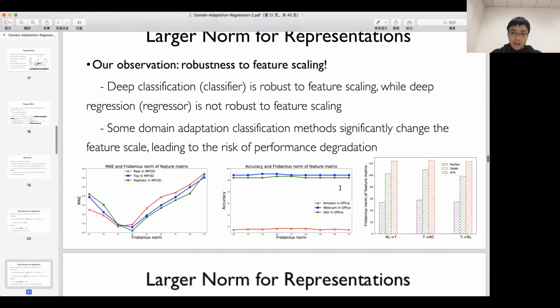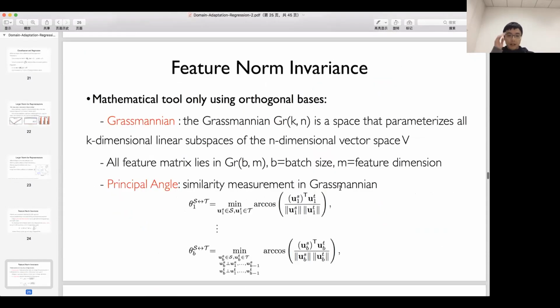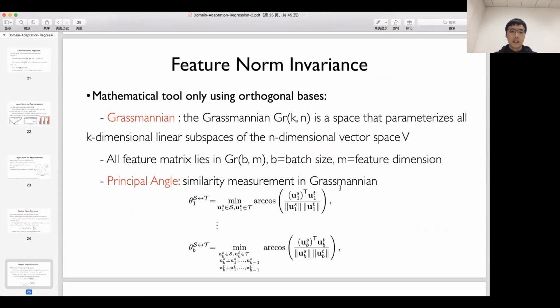Okay, so now we can use a similarity measurement in the Grassmannian to define distance. We use principal angles. The first principal angle is the smallest angle between the orthogonal bases in one subspace and another subspace.